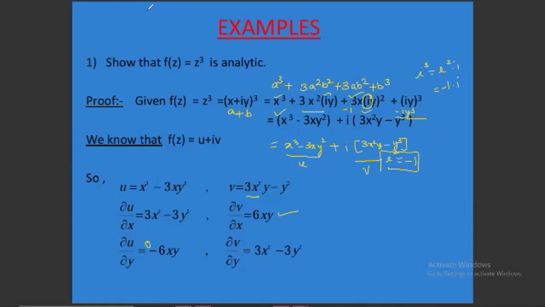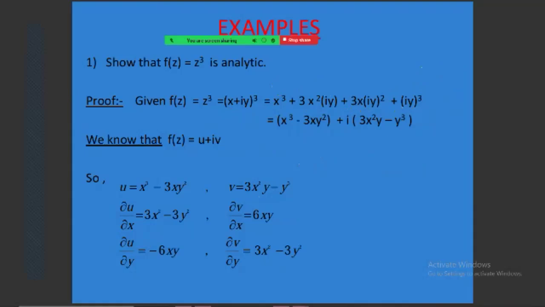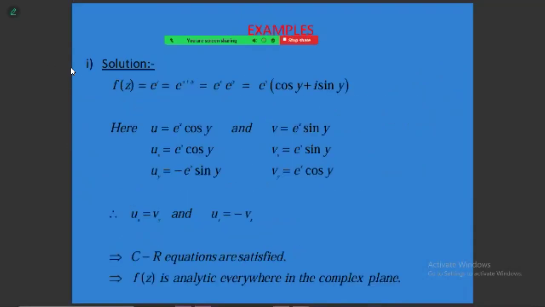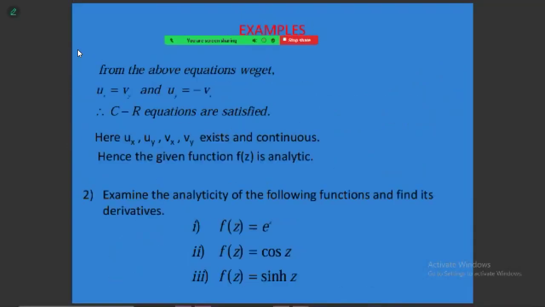Next, we are going to check whether this one is analytic or not. See, what is the CR equation? u x is equal to v y and u y is equal to minus v x.